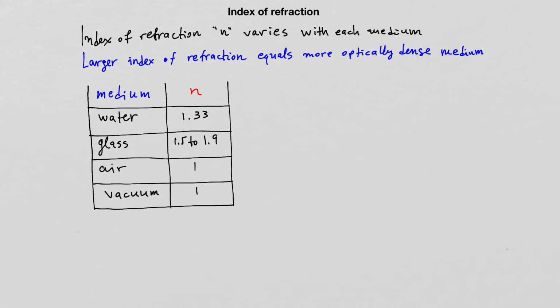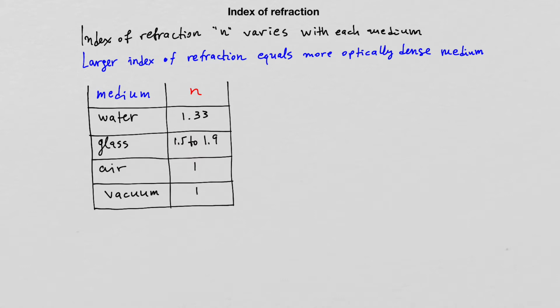So what does optically more dense or less dense medium mean in terms of the value of the index of refraction? Air is less optically dense than glass or water, which have larger indices of refraction. And if you compare glass to water, glass is more optically dense than water because it has a larger index of refraction.